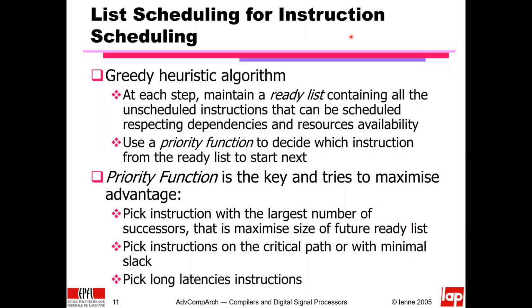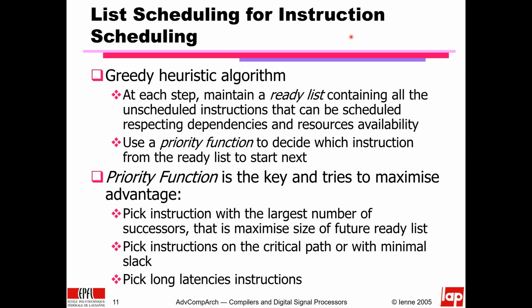We'll use a priority function to decide which one is the most interesting instruction to start next. So the idea is to pick, I don't know, something like the instructions that have the longest latencies or longest potential latencies, like a load word or a store word. Sorry, not store word, I'm sorry.